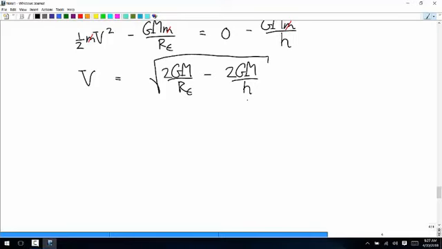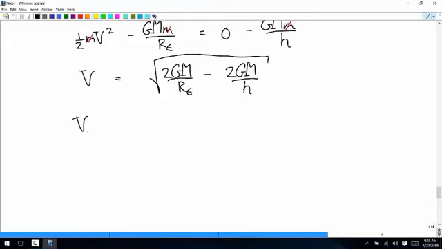Otherwise, yes, you're exactly right. Question? That's the mass of the Earth. So this is general for any body. So your escape velocity from a small mass would be very small. Yep.